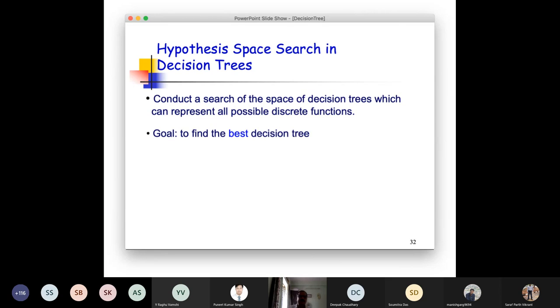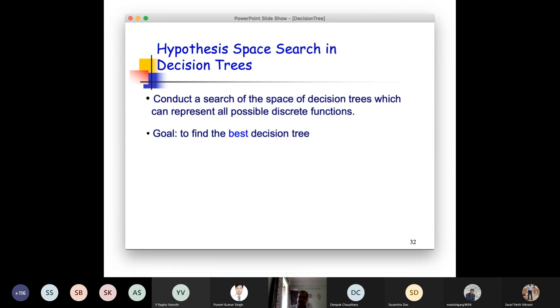In this case, it's a complete hypothesis space, and your goal is to find the best decision tree. Once again, I discussed this part, how do you say a decision tree is best? Because with respect to the consistent hypothesis condition, if you assume that there is no error in the training set, every hypothesis will fully satisfy the training examples.